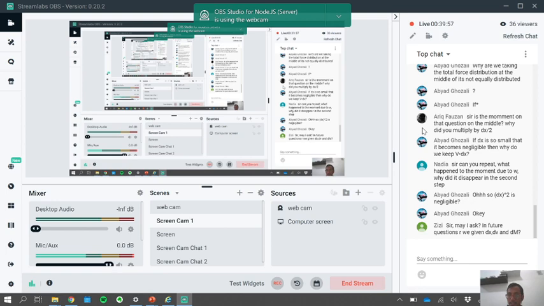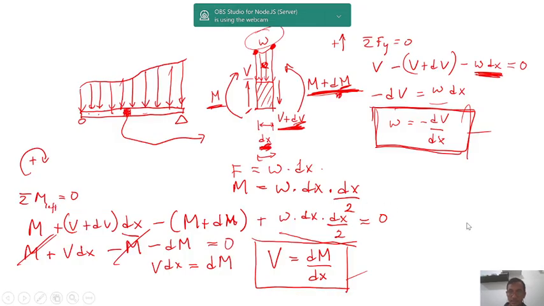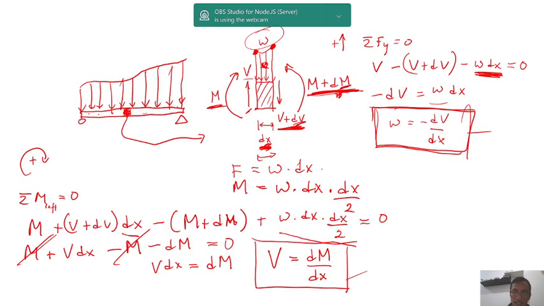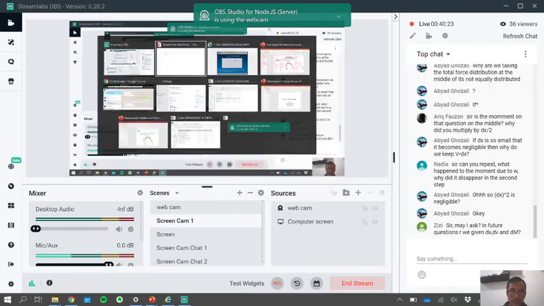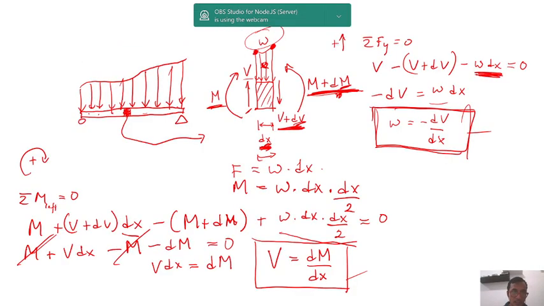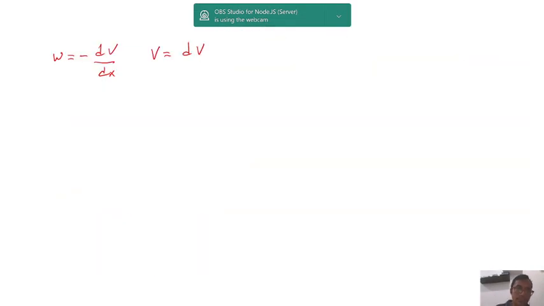I will continue a little bit. Now we know the relation between W and V is like this. This is the first relation: W is equal to minus dV per dx. And the second equation is V is equal to dM per dx.